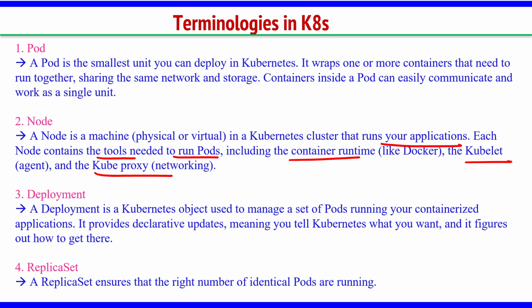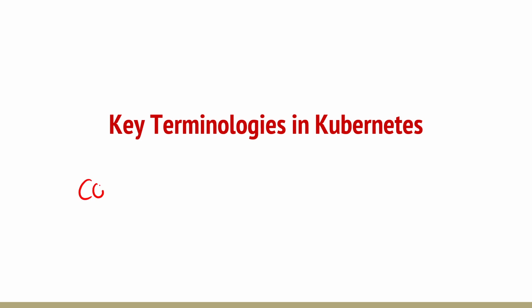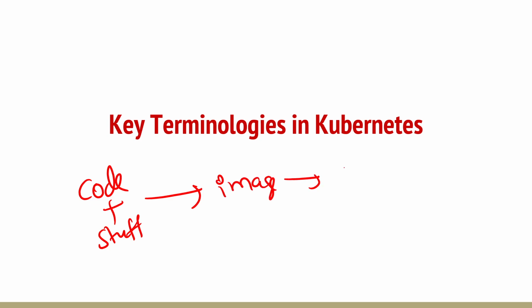So, basically a node is something where you can run your pods. So, our pods will be running. When I am saying a pod is running, inside it containers are running. So, whatever is required to run the container is also included in the node. Now, if you see here, code plus dependencies, I create an image, from this image I create a container, same way I may create a container C2, same way a container C3.